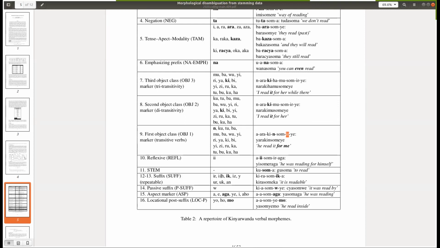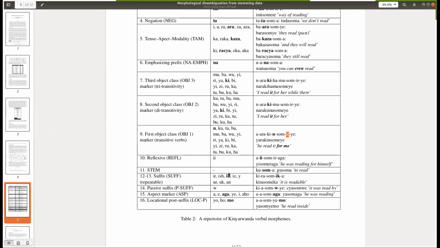In other languages, they do have what they call morphological tags. And when we were looking at the presentation from Professor Kemal, they had those tags saying it's a verb, it's in a third person subject, it has this and that. Because Kinyarwanda is very complex, I didn't have it. I had to just use the morphemes themselves.